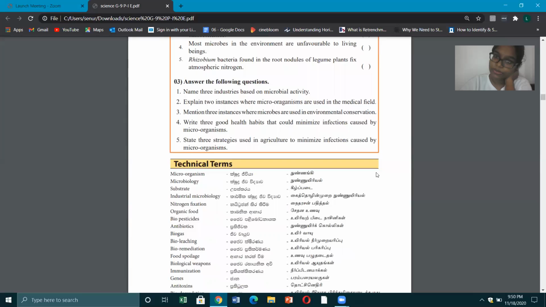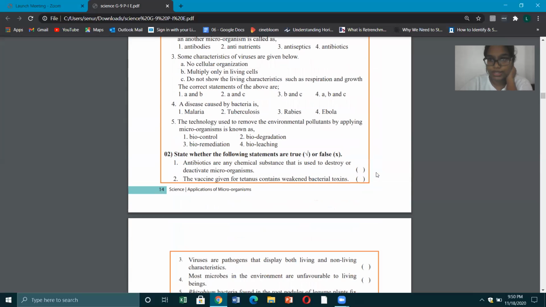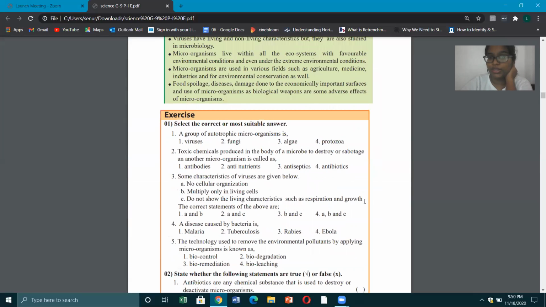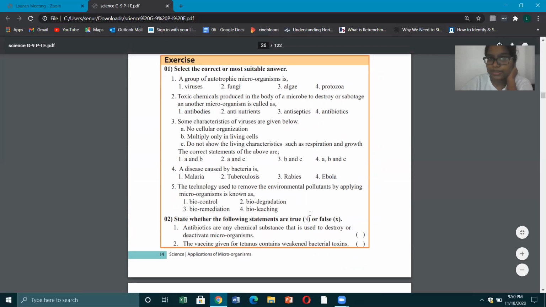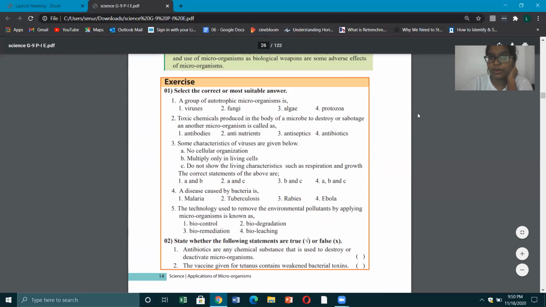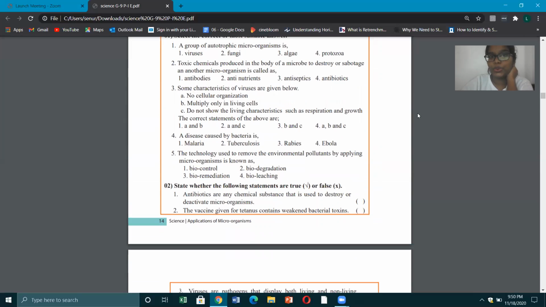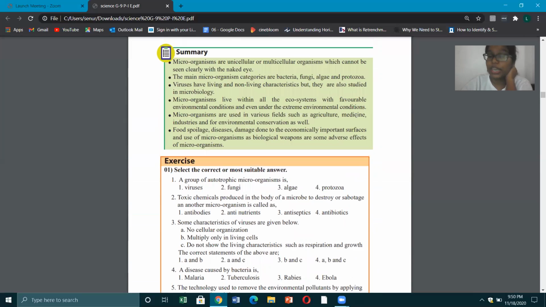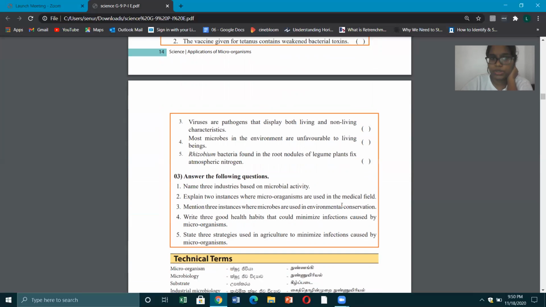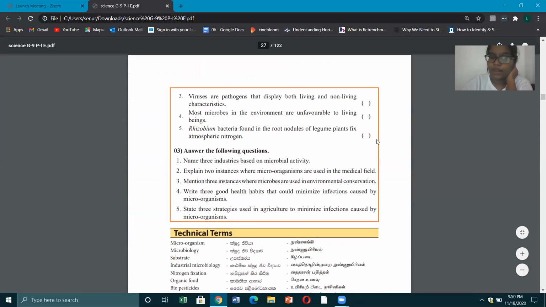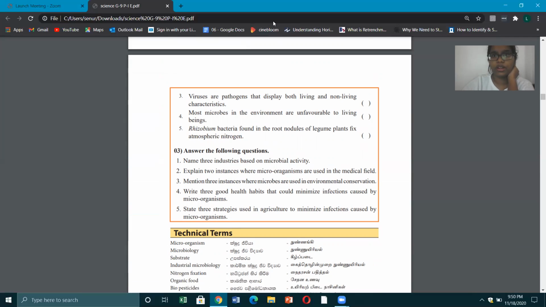Next week, when I start the second lesson, I'll start from this exercise related to microorganisms and recap it again. Please try to attempt these questions, which are not hard because everything is inside the book.